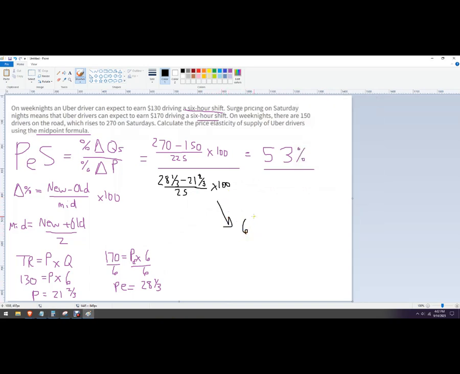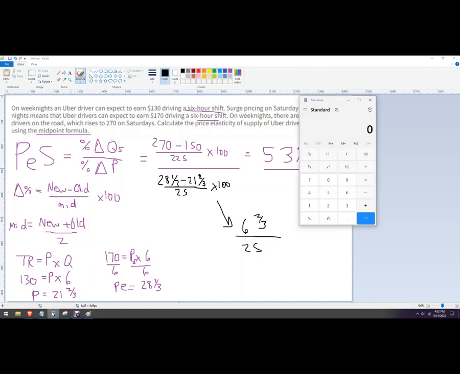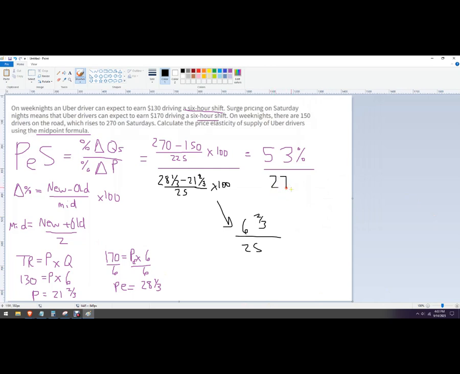It's 6 and 2/3 over 25. So 6.67 divided by 25 is 26.68, however you want to round that, and we'll round it to 27. Okay, so 27%. So now I've done it.